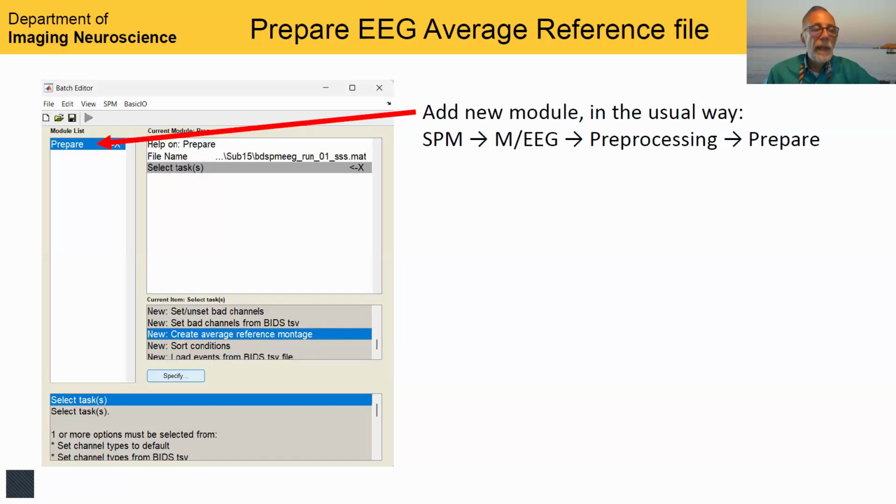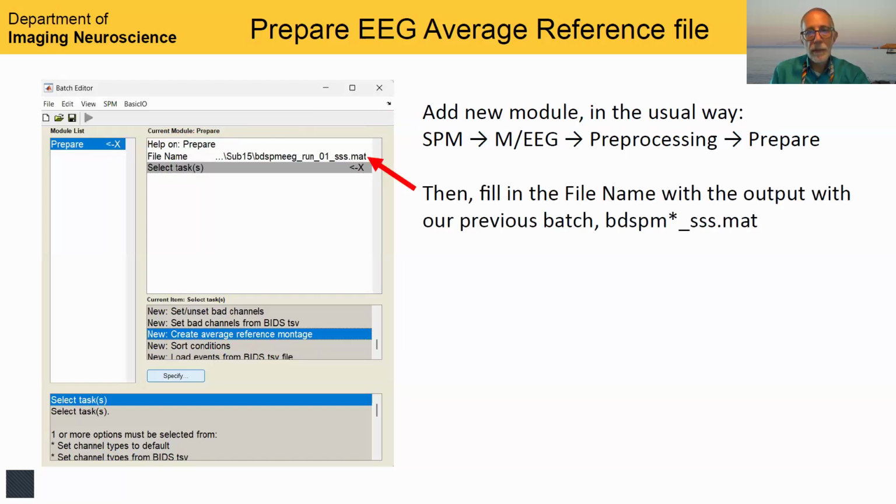And now in the select tasks, to apply to this data, we're going to scroll down in our gray box and find new create average reference montage. And we're going to select that.